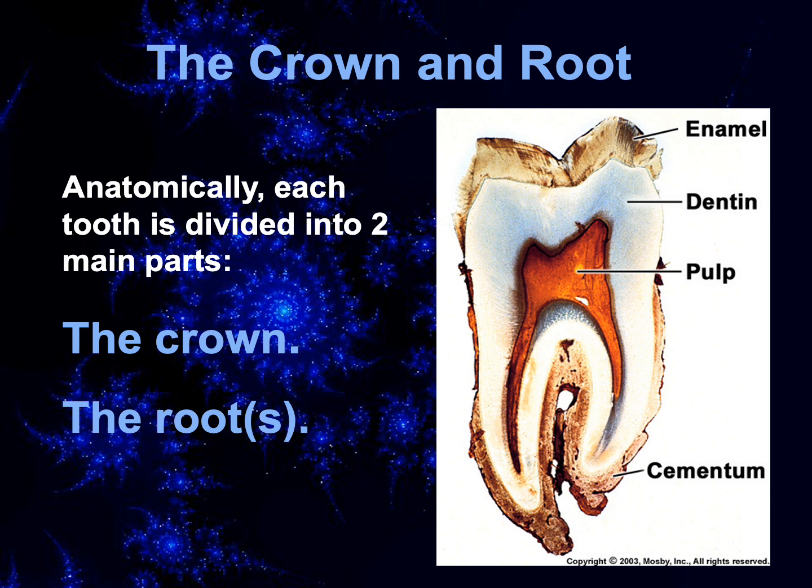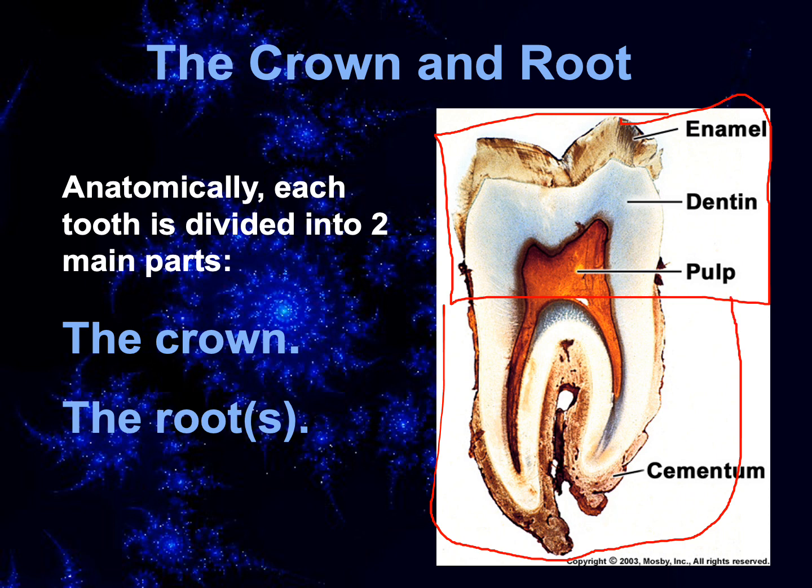The tooth is anatomically divided into two parts. The crown, which is the part of the tooth visible in the mouth, and the root, which is the part hidden in the bone and covered by gingiva.